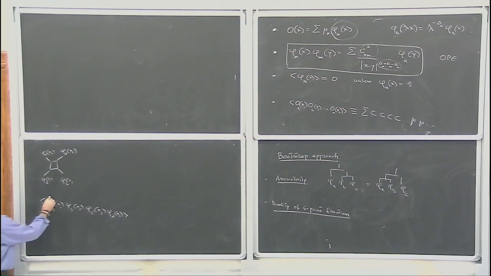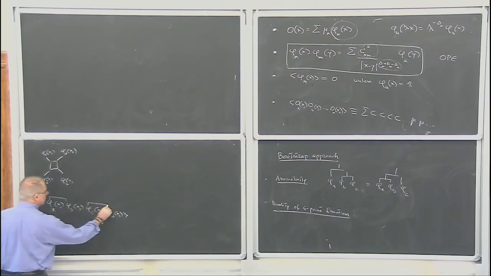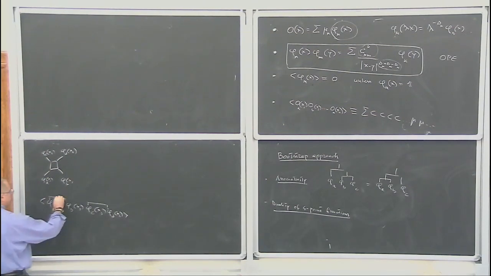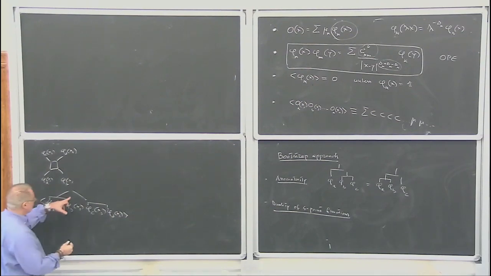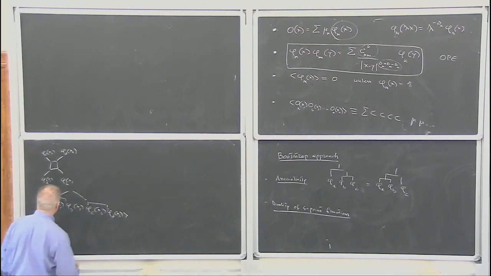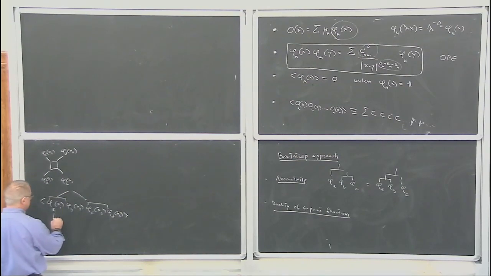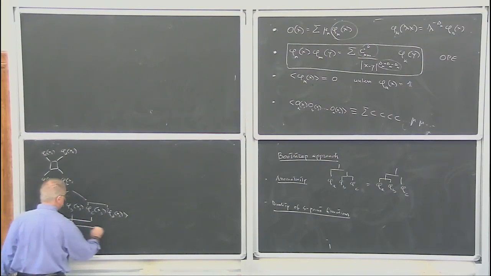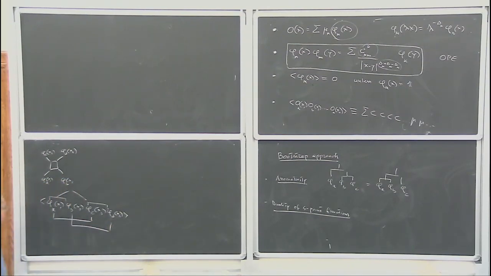I can contract these fields together and these fields together, and whatever I get will be a 2-point function that I will therefore contract between themselves, or I can contract A with C and B with D, and there should be no ambiguity in the final result.